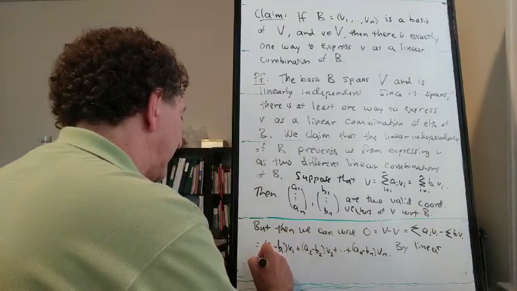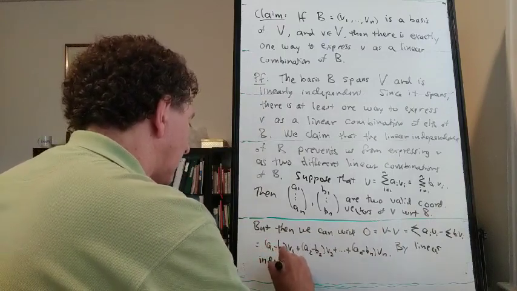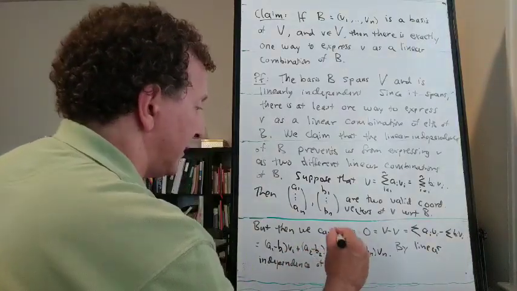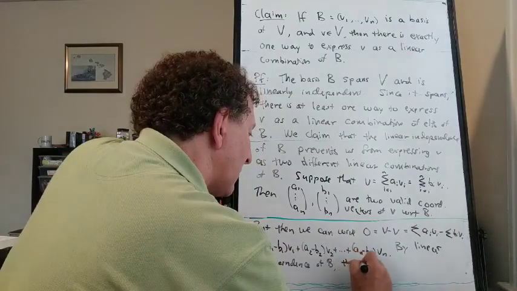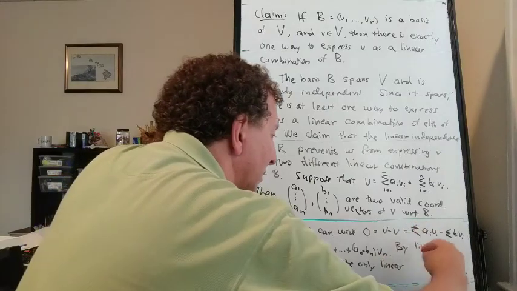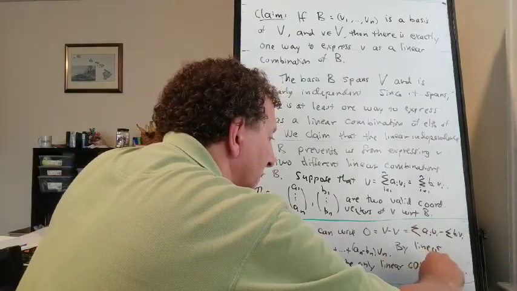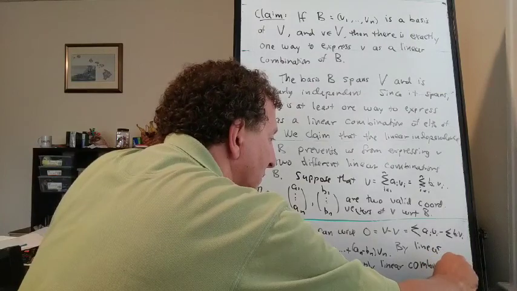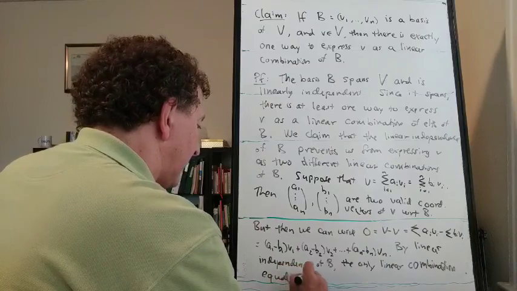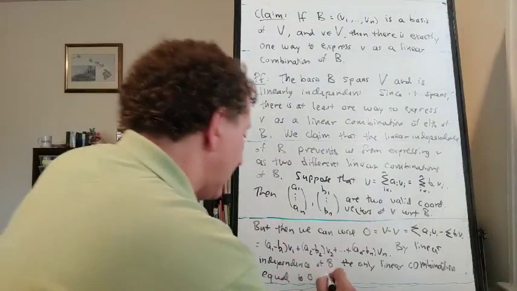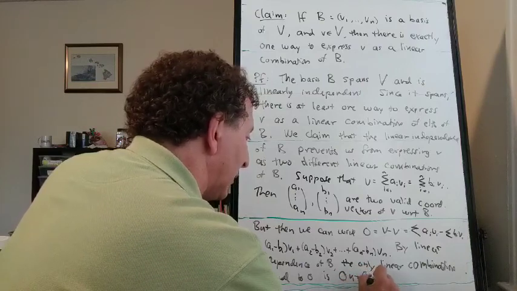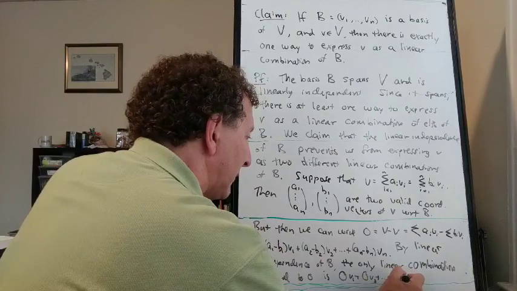So by linear independence of B, the only linear combination equal to 0 is 0 v1 plus 0 v2, etc., up to 0 vn.